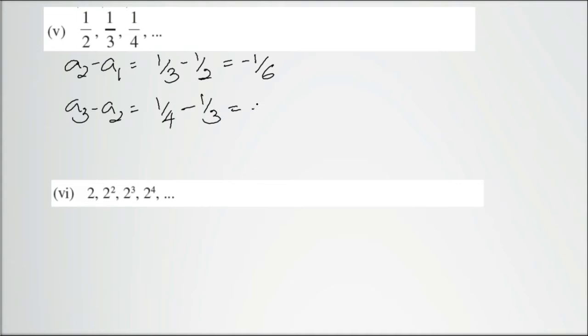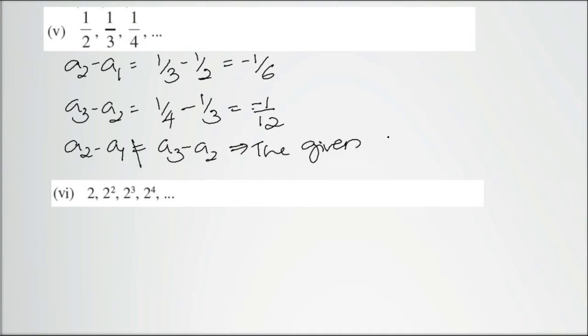LCM is 12. 3 minus 4 in the numerator makes minus 1 by 12. Here, there is no common difference. a2 minus a1 is not equal to a3 minus a2. This implies the given series is not an arithmetic progression.